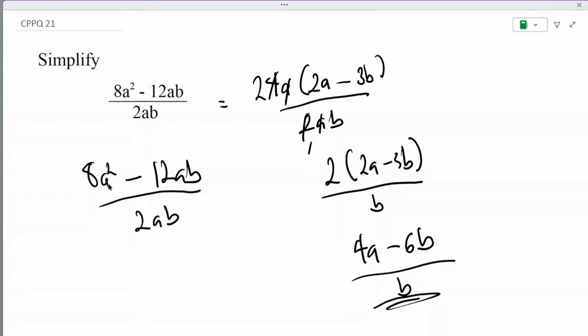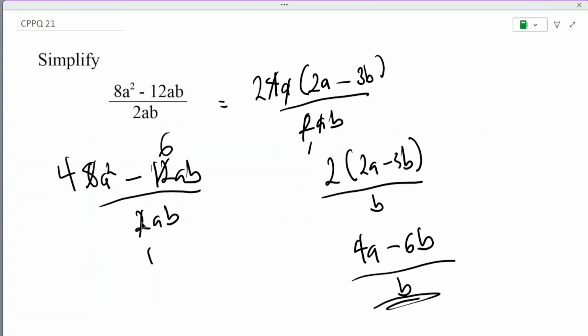The 2 will not just go in the 8, but it will also go in the 12. So you can say 2 here 1, 2 in 8 is 4, and 2 in 12 is 6. So you have 4a squared minus 6ab at the numerator. Then you have ab at the denominator.